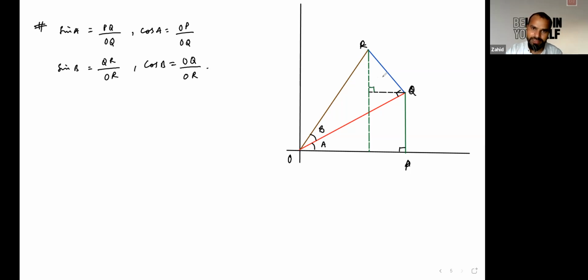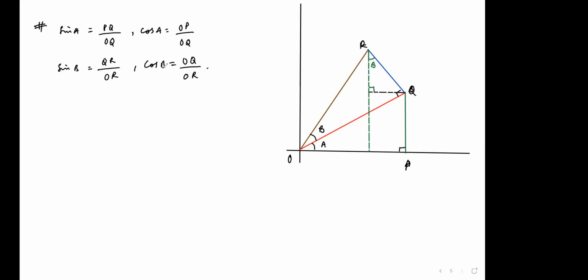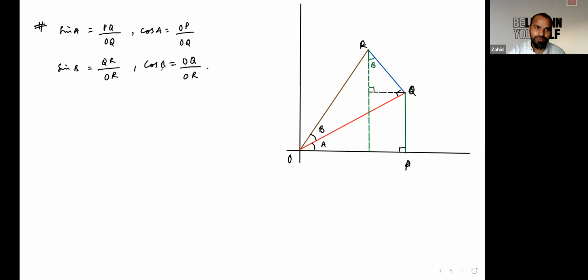If you compare this triangle to this whole triangle, this angle would be equal to this part. So instead of calculating sine B and cos B from this part, try to calculate sine B and cos B for this particular triangle.